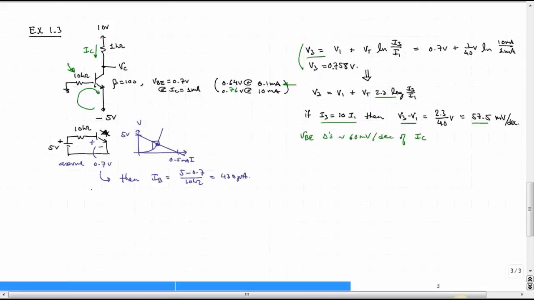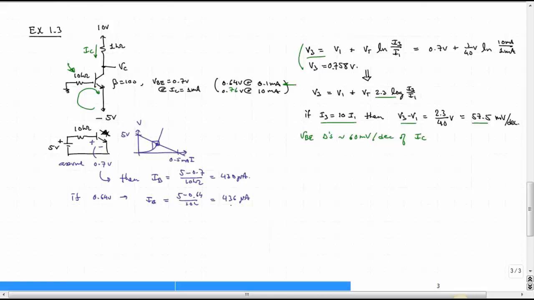Then instead of 0.7 volts, let's say that we had 0.64 volts. Then our current would be 5 minus 0.64 over 10K, and that would give us 436 microamps. No, I didn't do that right. I did do that right.